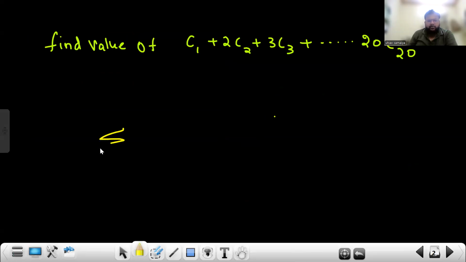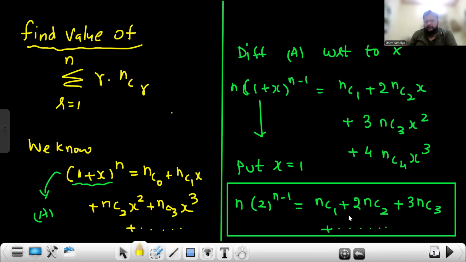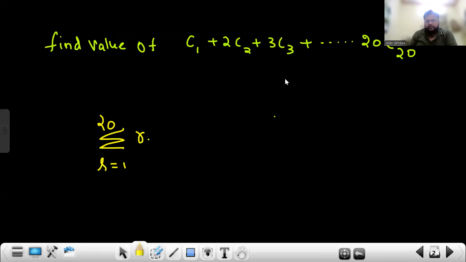For example, this is the question. They are asking the value of summation r is equal to 1 to 20 r into 20C0, 20C1, 20C2, so here nCr. So what is there?